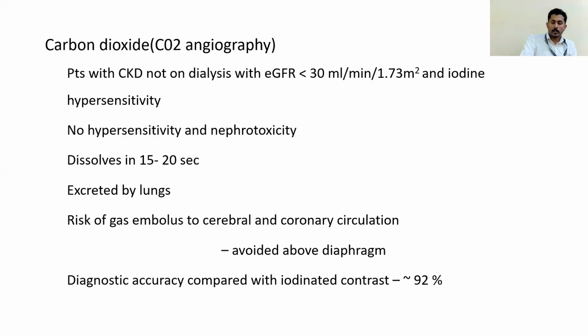So the patients are unlikely to have hypersensitivity and nephrotoxicity with CO2. It will dissolve within 20 to 30 seconds and is usually excreted by the lung. The main complication with the CO2 angiogram is embolism, so it is usually not recommended for the vasculature above the diaphragm.